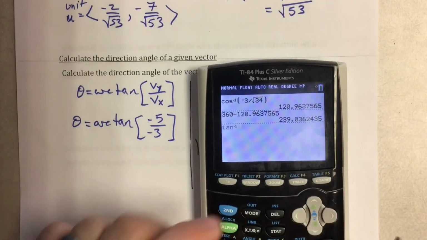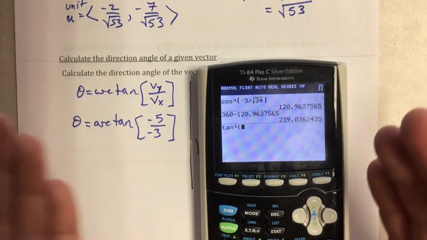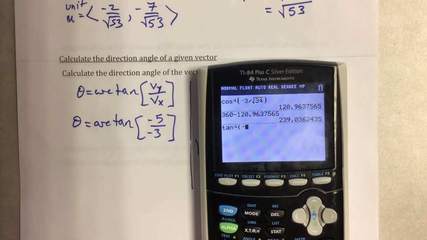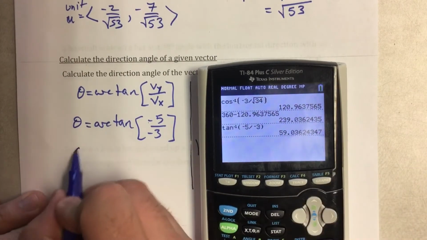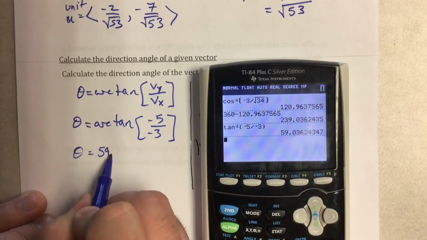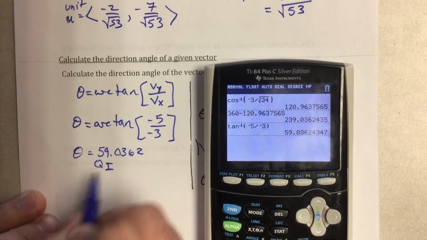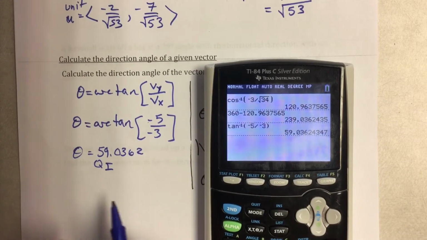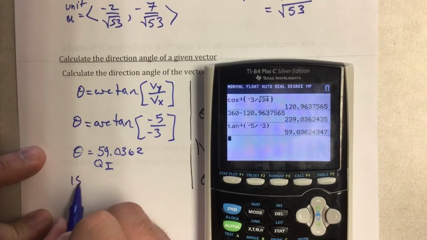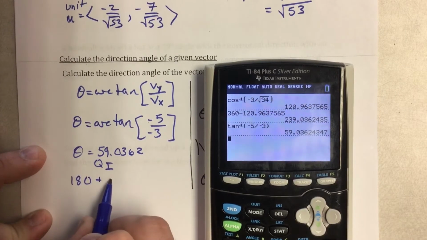Now, how does it change when I use arctangent? Instead of doing all of the arc cosine, I just do arctangent of negative 5 divided by negative 3. We get 59.0362. This is in quadrant 1. So to get quadrant 3 with this angle, I would take 180 and add this.